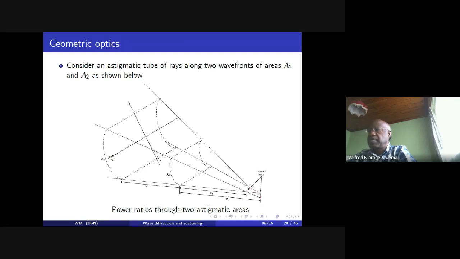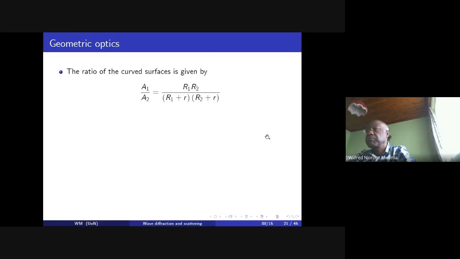So that is the area A2 and the area A1, with the radius of curvature for A2 given by R2 plus R, and the radius of curvature of A1 given by R1 plus R. So the ratio of the curved surfaces is then given by A1 over A2 equal to R1 multiplied by R2 over (R1 plus R) and (R2 plus R).